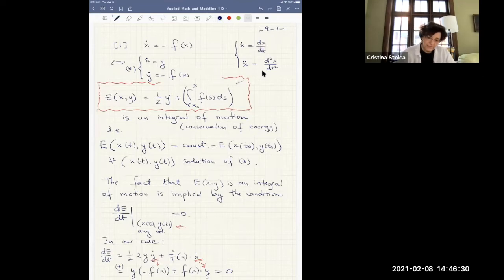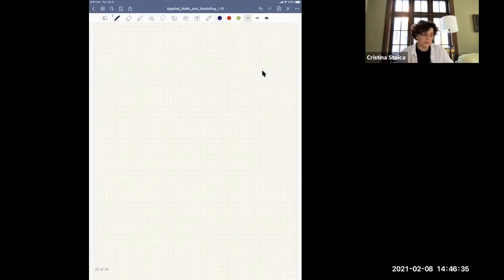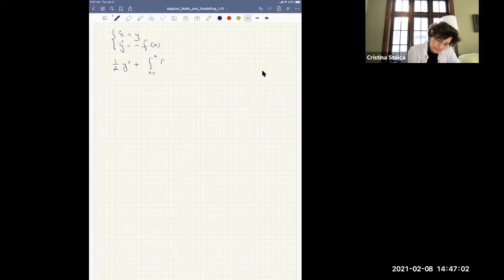So this being said, last time we started to do regions of motion, to discuss this. So I'm coming back to the general problem. We had the system of interest, and then we have 1 over 2 y squared plus the integral from x naught to x of f of s ds to be constant.